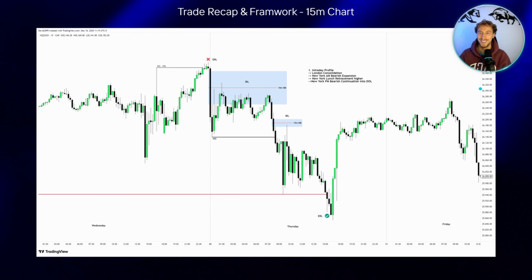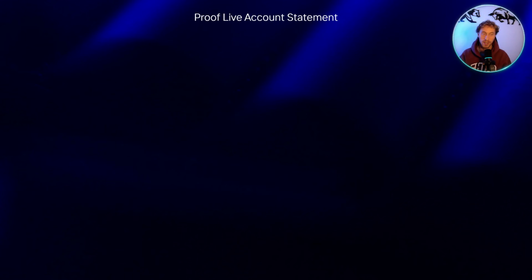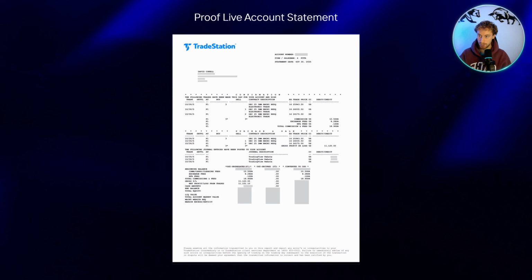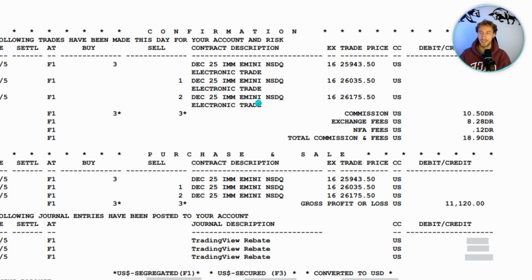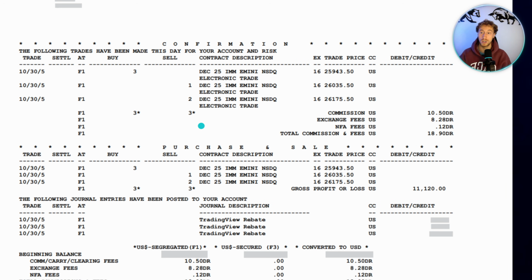So let's jump right into the proof, the live account statement for full transparency. This is my TradeStation statement. We can see here that I have executed 2 contracts short at my initial entry. I have permitted 1 more standard contract into my winning trade, and I have covered 3 contracts at my target.